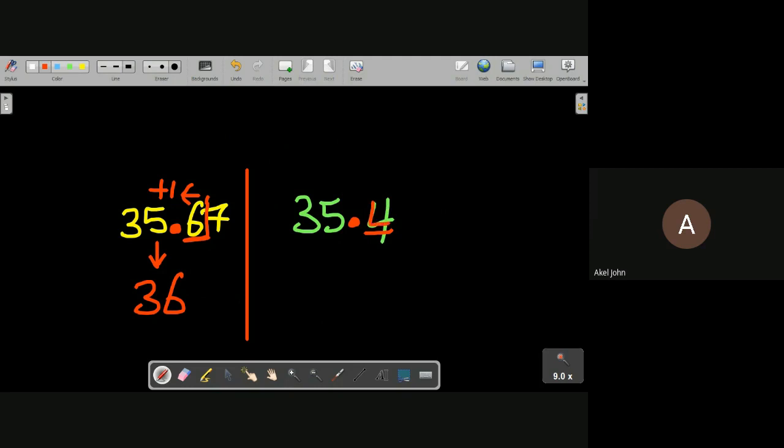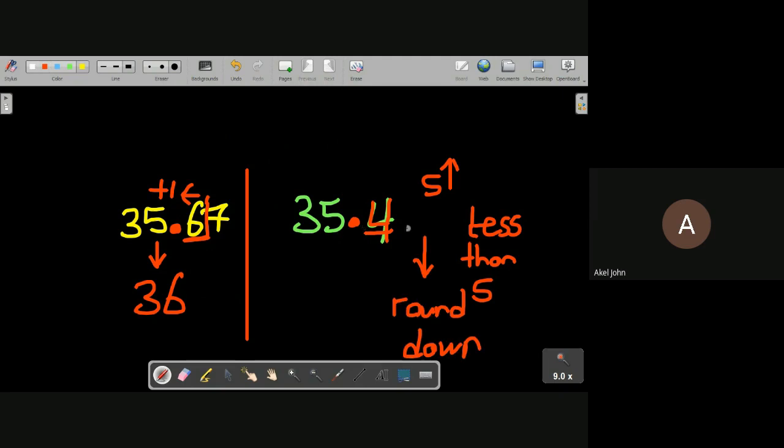You need to check to see if this number is 5 or more, or is it less than 5. And if it's less than 5, you need to let it rest. So you need to round down. So 35.4 to the nearest whole number is 35.